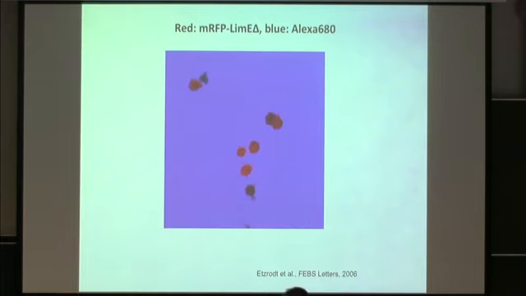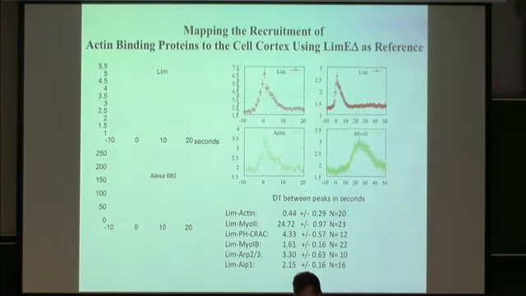I don't have one. But the interesting thing here is that, again using the experimental system where we always take cells labeled with one reference marker, in that case this LIM protein which decorates F-actin, and then other proteins, we can look at the recruitment of different components to the cell membrane.